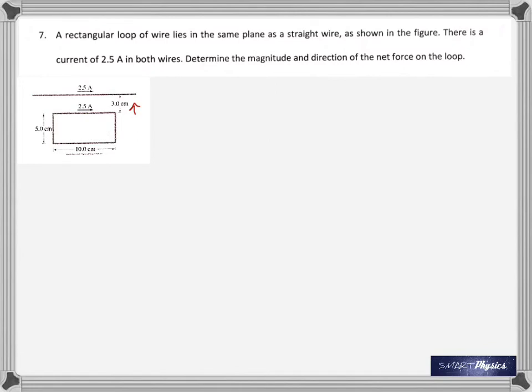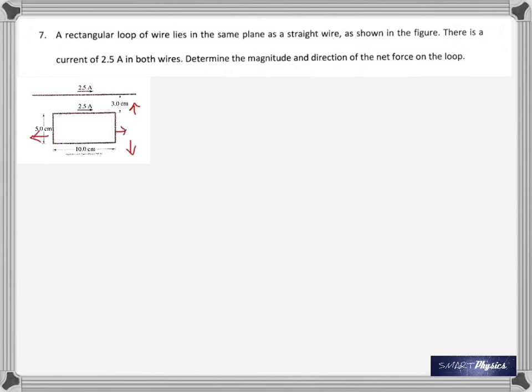So what I'm talking about is, you first have to find the magnetic field due to this current at this point. And this current carrying conductor is now kept in that magnetic field produced by this current, right? That's why a force acts on it. And since the currents here are in opposite directions, the forces are also going to be in opposite directions. So when you find the net force, which you're asked to do, you're going to subtract one from the other.